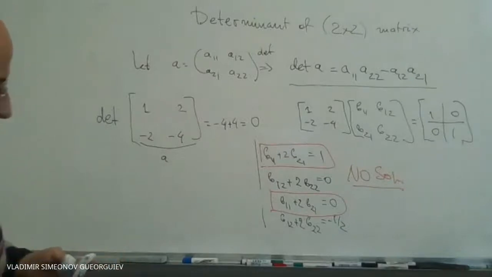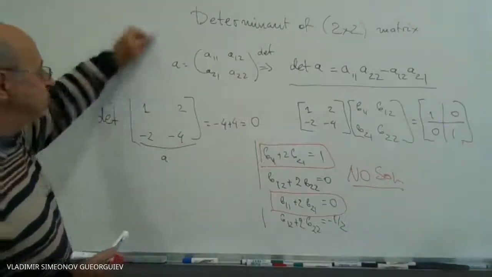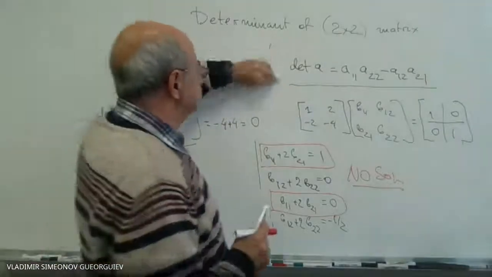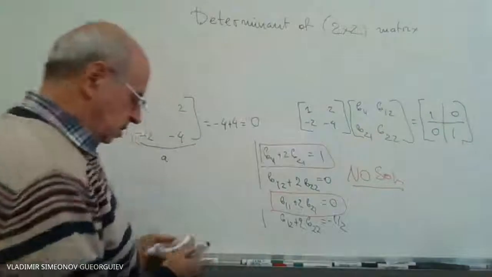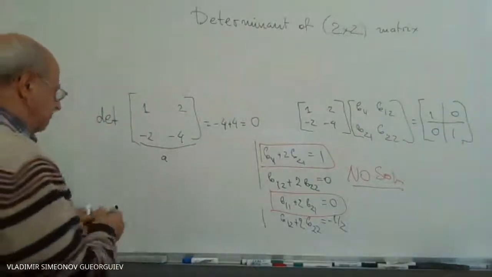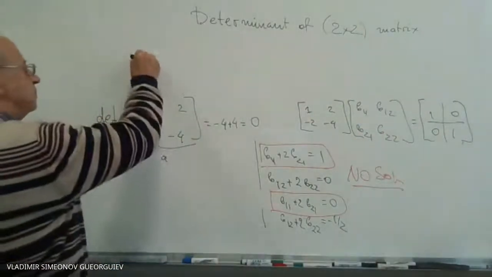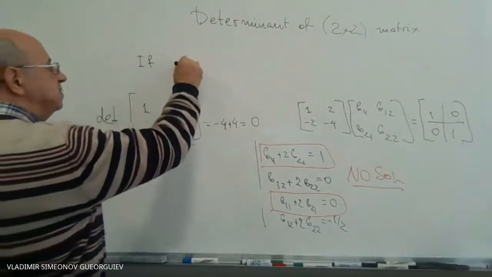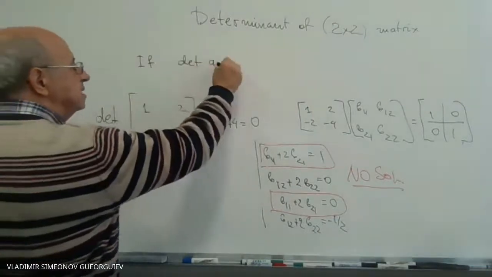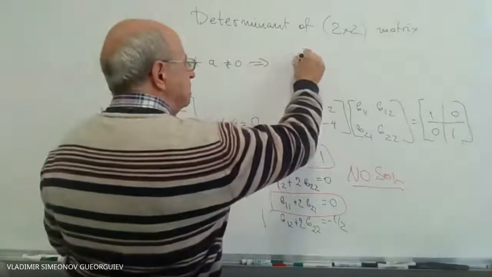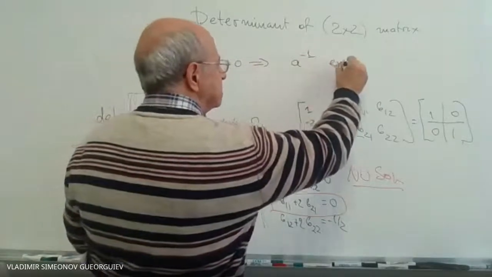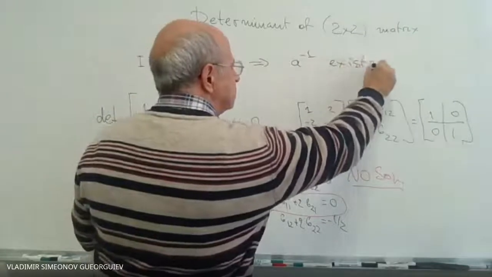This conclusion we have to write officially as an important property. If the determinant of A is not 0, then A minus 1 exists.